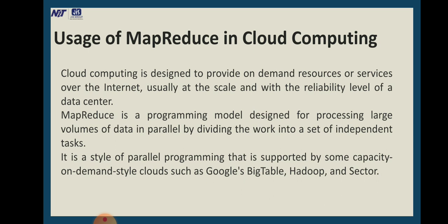Cloud computing is designed to provide on demand resources or services over the internet, usually at the scale and with the reliability level of a data center. MapReduce is a programming tool designed for processing large volumes of data in parallel by dividing the work into a set of independent tasks.